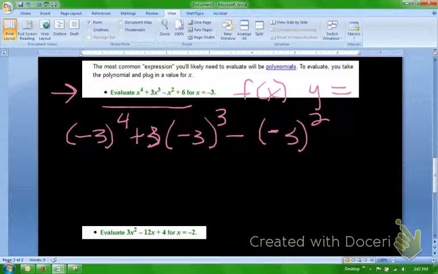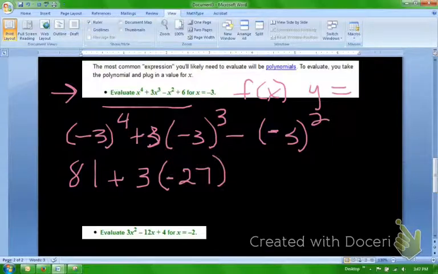Okay, so -3 to the 4th, 3 to the 4th is 81. We have 4 negative signs, or -3 times -3 times -3 times -3. So that's positive 81 plus 3. 3 cubed is 27, but we have 3 negative signs, so that's -27 minus 3 squared is 9.